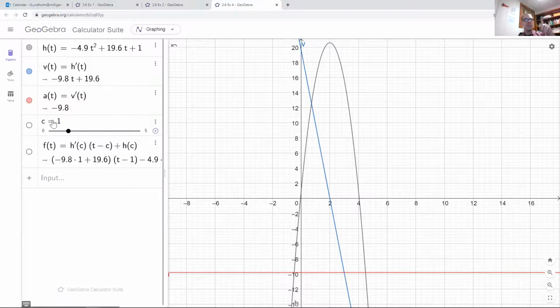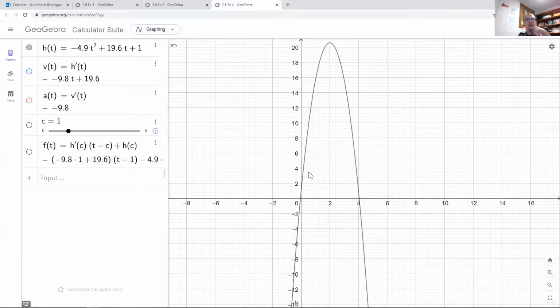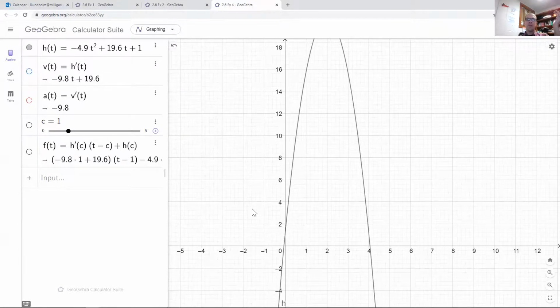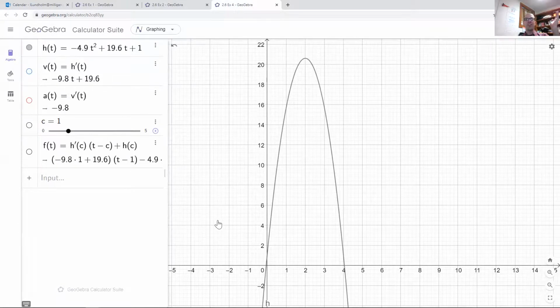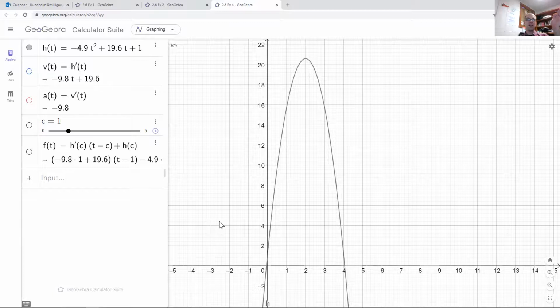And I even went the extra mile here. Let's go ahead and get rid of the velocity and acceleration graphs, because which graph are we really here to see? The tangent line. And here, I actually made this new function. I guess I called it f of t. This is going to be the tangent line based off of the slope at a point.